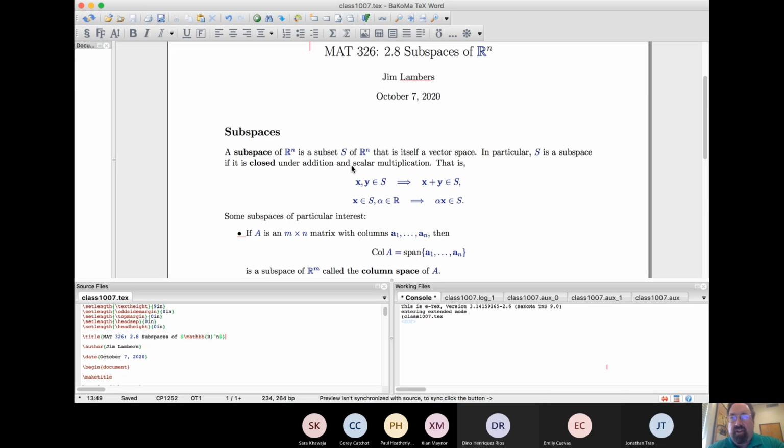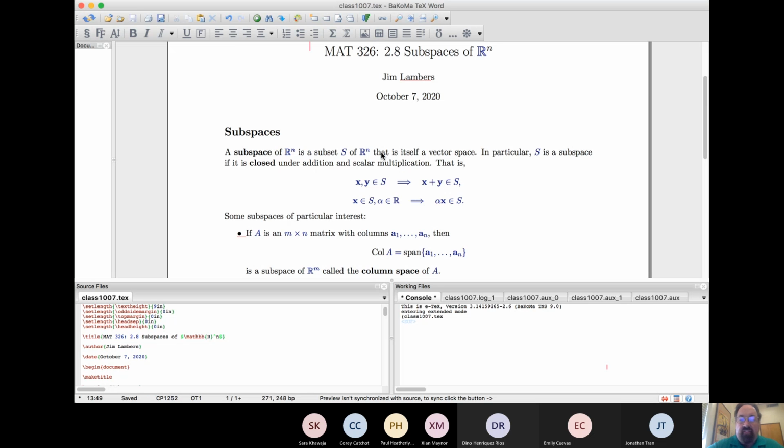All of the expected rules of multiplication apply also. But not every subset can be a subspace. One property in particular that subspaces have to satisfy is that they are closed under these two operations on vectors, addition and scalar multiplication.